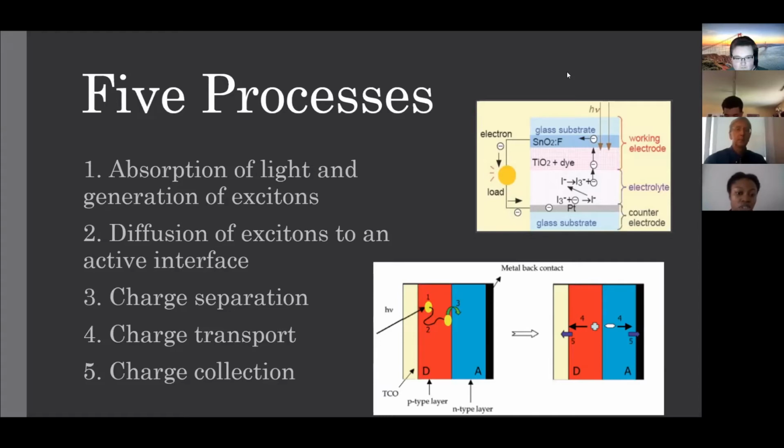The diffusion of these excitons to an active interface, which is our dyes from our fruits and vegetables, we're able to then create a charge separation, which is known as a band gap in the P-type and N-type material. By doing this, charges are able to be transported through this band gap and later on collected similar to a capacitor or battery for later on use to power a load.